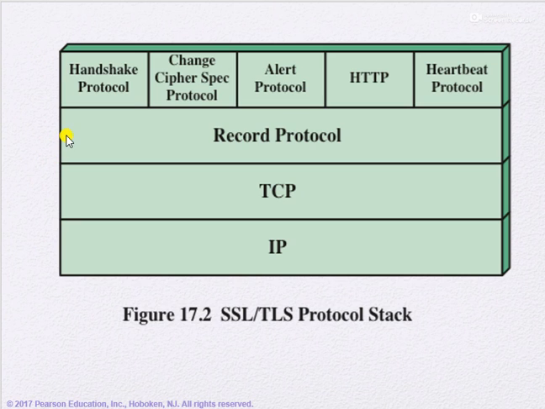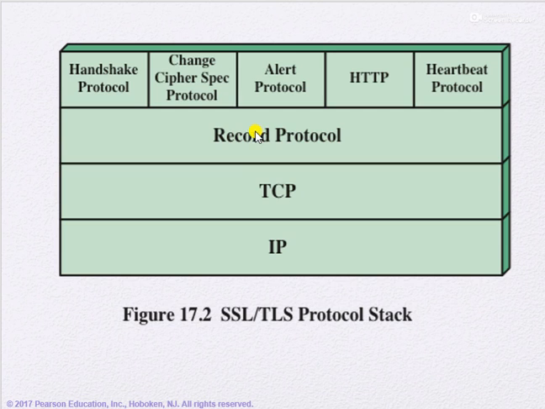On top of TCP we have the TLS record protocol, which provides basic security services to many higher layer protocols, particularly the HTTP protocol. When we say HTTPS, it is running on top of the record protocol because it provides transfer service for web client server interaction and operates on top of TLS.